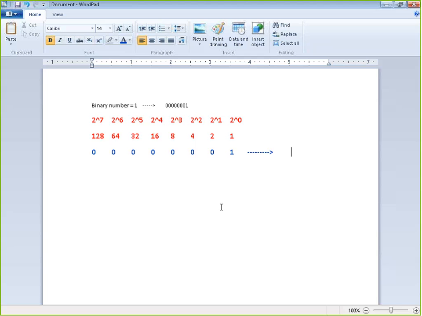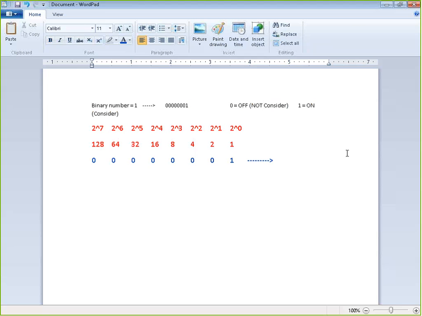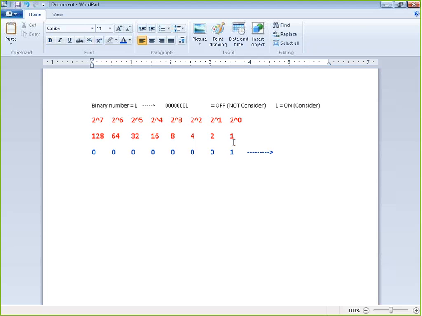Let me just write it down for you. 0 is off, or do not consider. And 1 means on, that is consider. You understand that? That's the logic that you need to make use of.